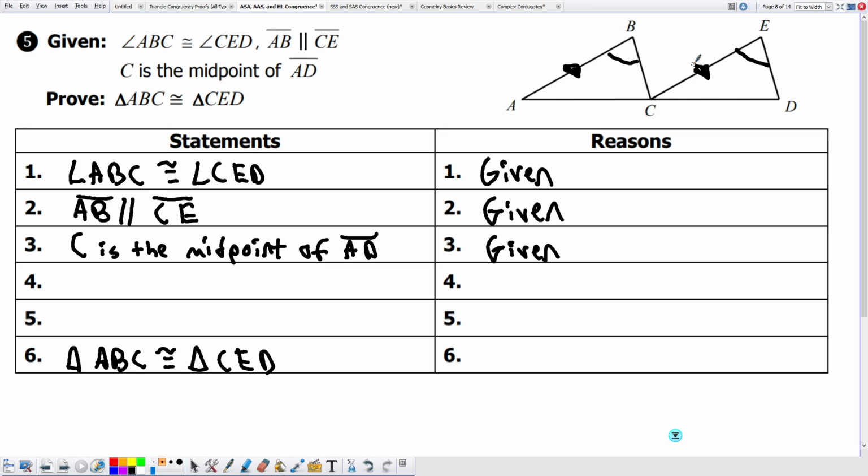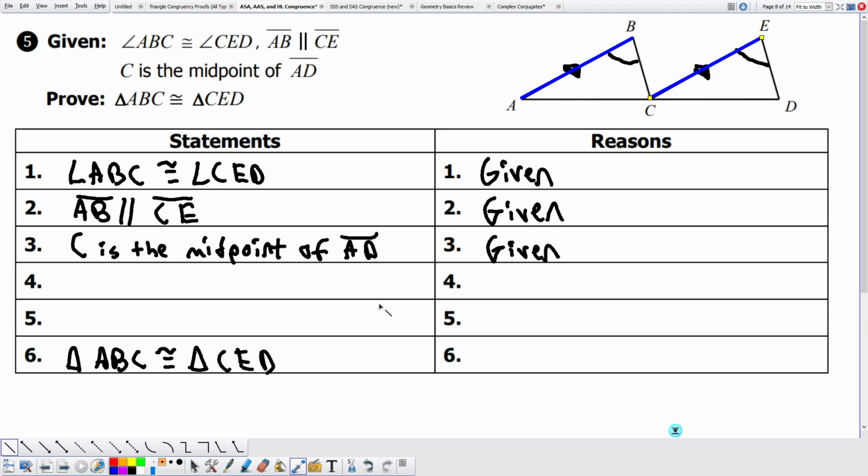Now, parallel lines, we should always immediately think, all right, what are our congruent angles? So let's mark those parallel lines. I'm going to mark them in blue. Just like that. Now, where is the transversal that intersects both of them? Well, we can certainly use this as our transversal.